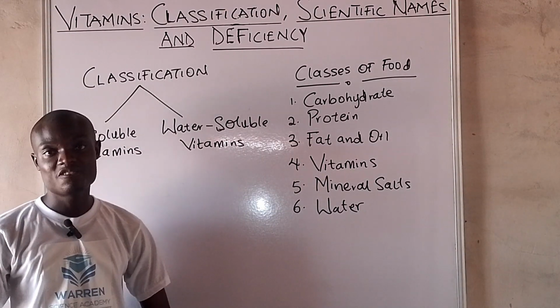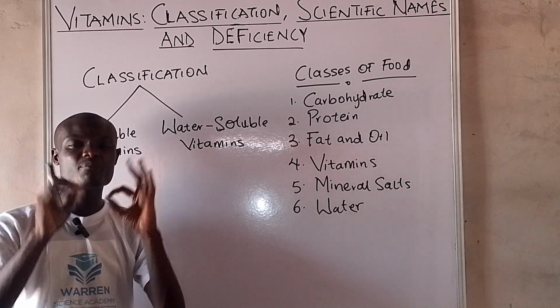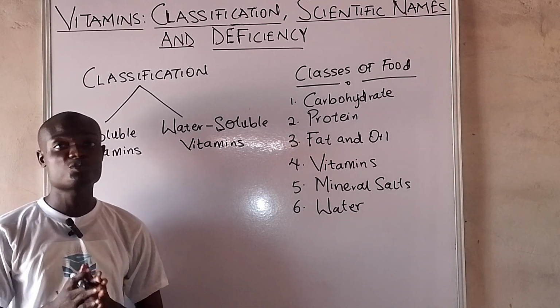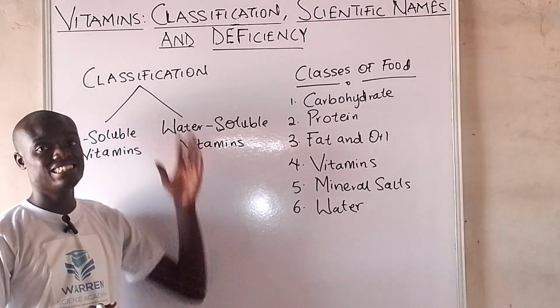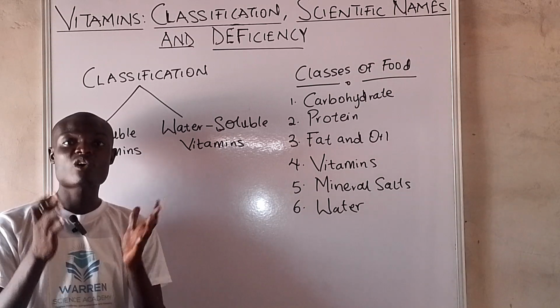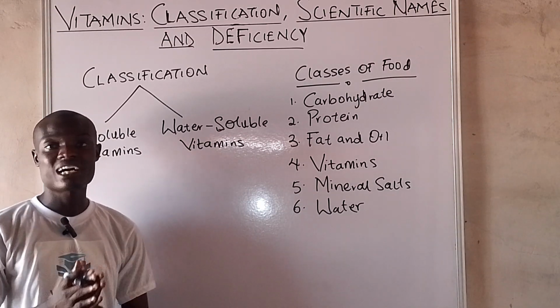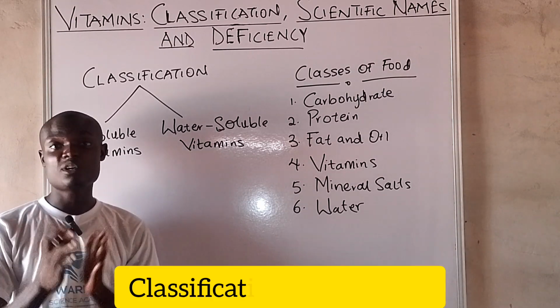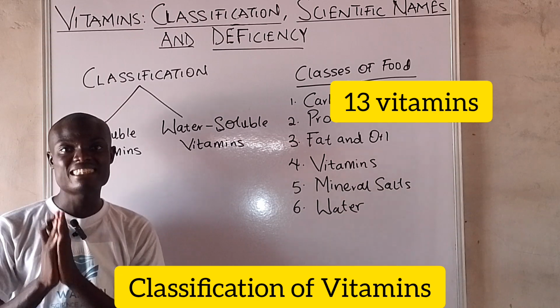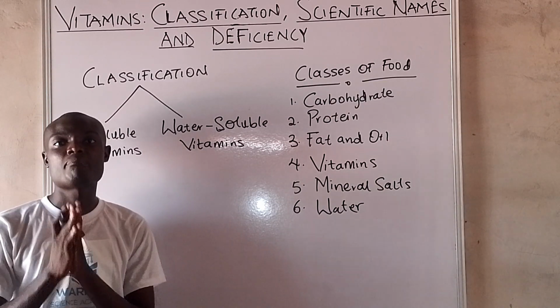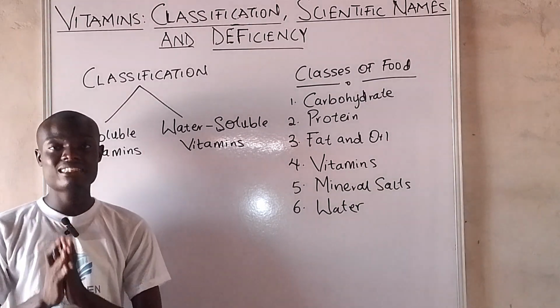In this particular video, we are going to look at a very important topic of interest to students in biology, and that is vitamins. In the course of this video, we are going to look at the classification of vitamins, because we have 13 vitamins, and these vitamins are placed in two classes.